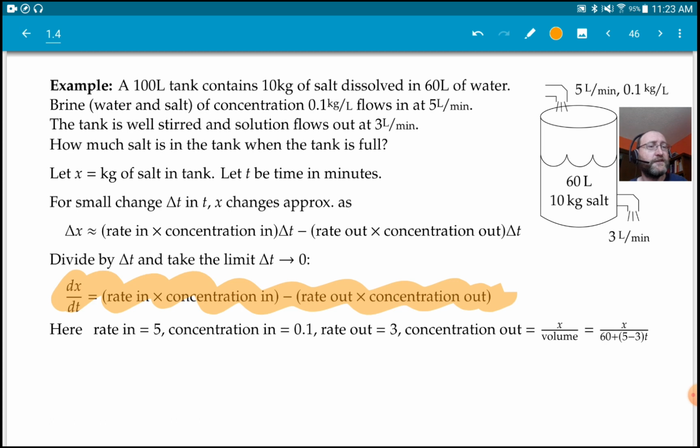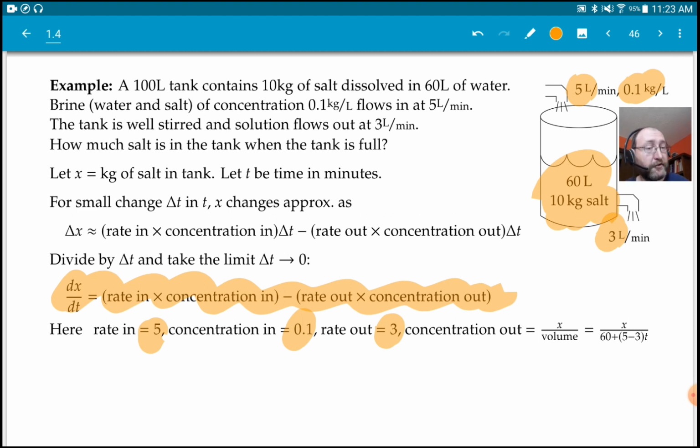plug in what we're given. So rate in is 5, concentration in is 0.1. Rate out is 3, and concentration out, well, this is the complicated one. It's the amount of salt inside divided by the volume.